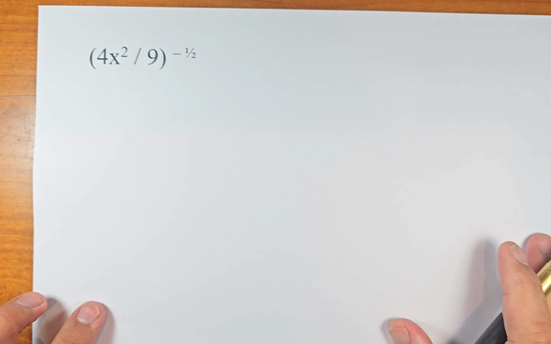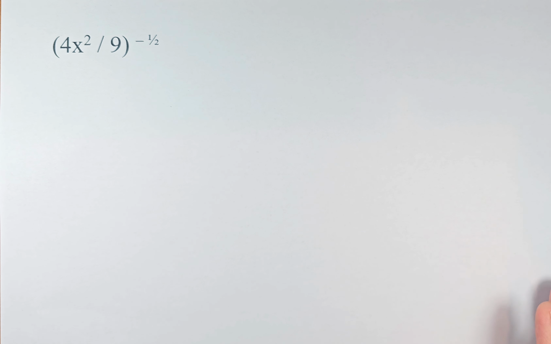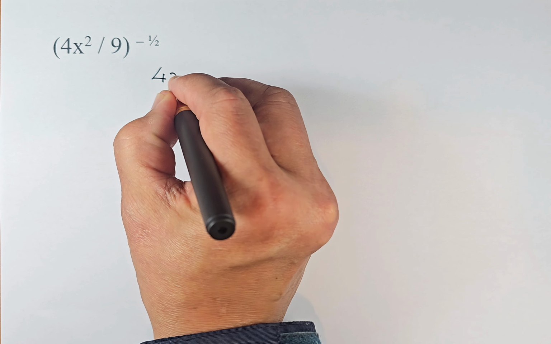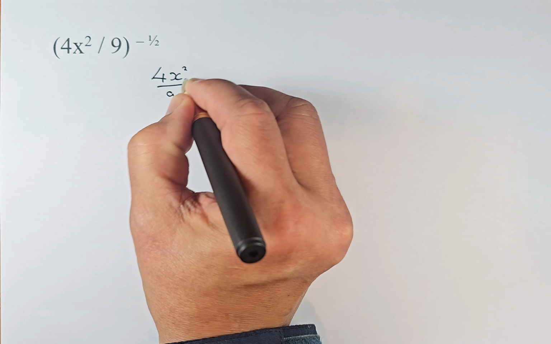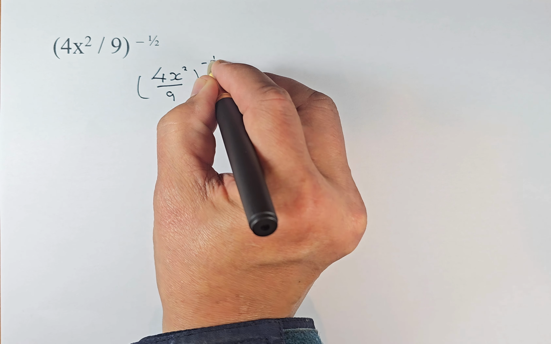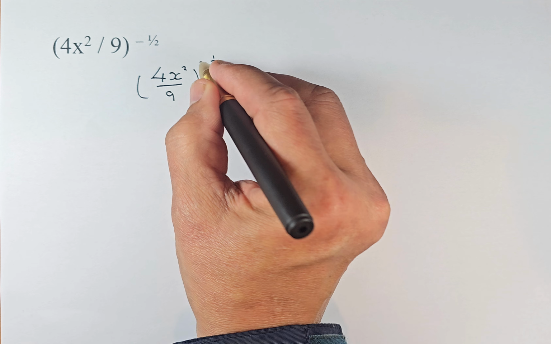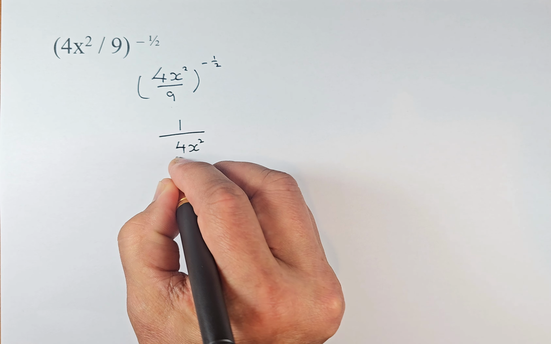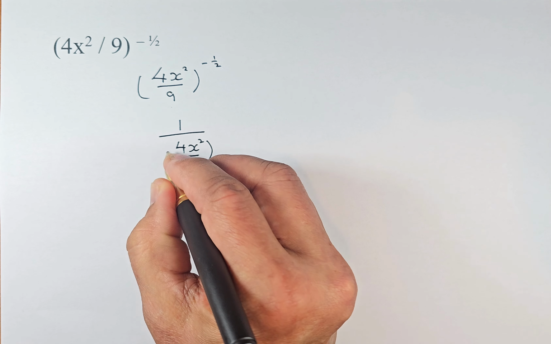Now we're going to do question 3. Question 3 is similar to what we have done before. We have (4x squared over 9) to the power of negative half. So we write the whole expression, (4x squared over 9) to the power of negative half. Again, when you get rid of the negative, you just put 1 over (4x squared over 9) to the power of half.